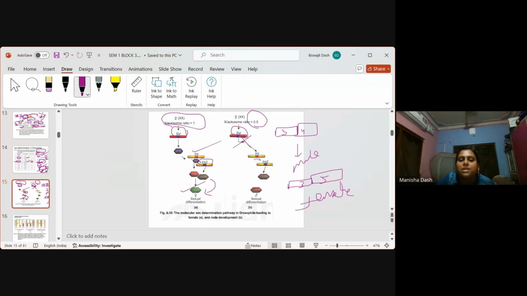If this protein is not produced, TRA will not be transcribed, and in absence of TRA, only the TRA2 protein will be produced, and it will promote the synthesis of the male specific DSX protein. So that is how the ratio determines the expression profiling of the genes, and accordingly the individual will develop into a male or a female.